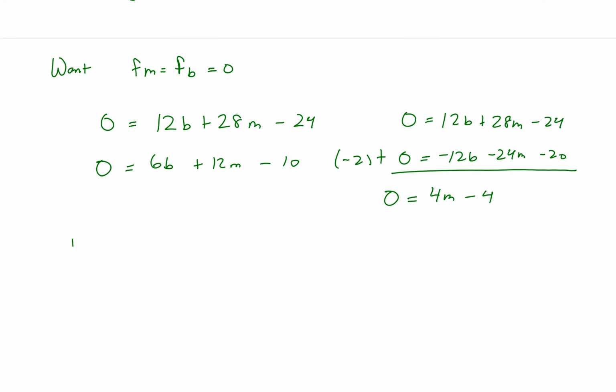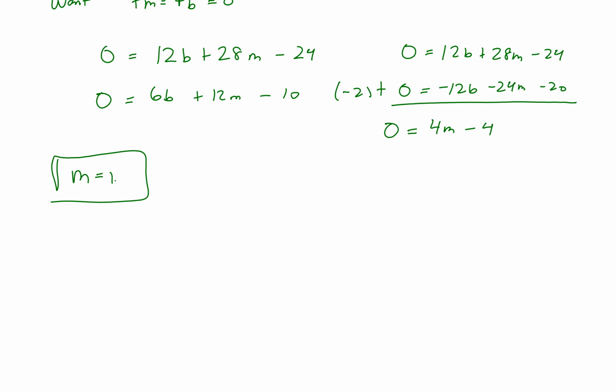So that gives me m is equal to 1. And then I can plug back into either equation to get what I need. So I get 0 is equal to 6b plus 12 times 1 minus 10. So simplifying this gives b is equal to minus 1/3.